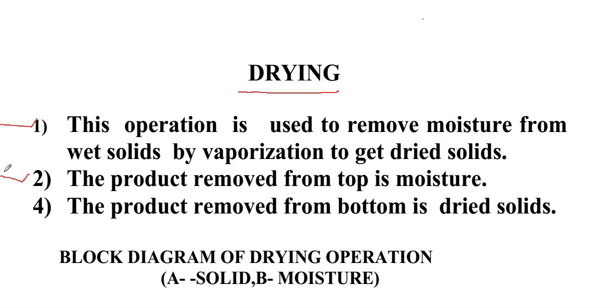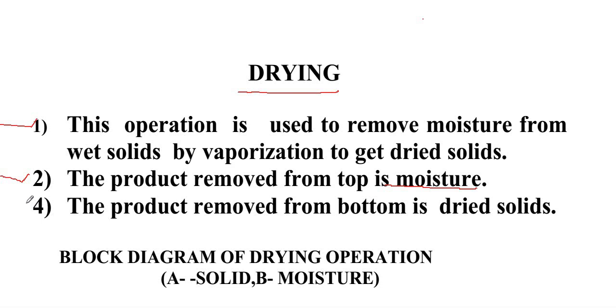Being the vapor density less, that gets removed from the top of the dryer. So the top product in this particular case will be moisture, and that will be removed from the top of the dryer.